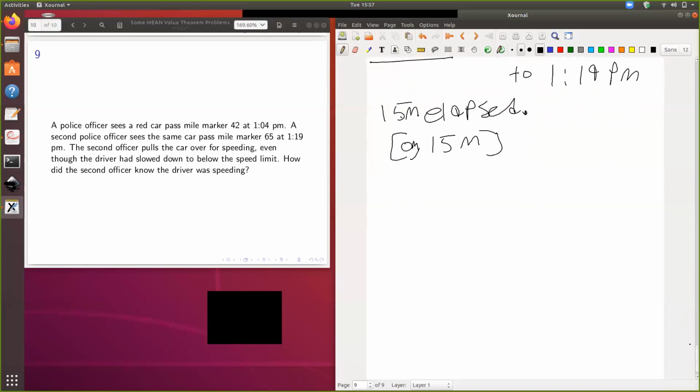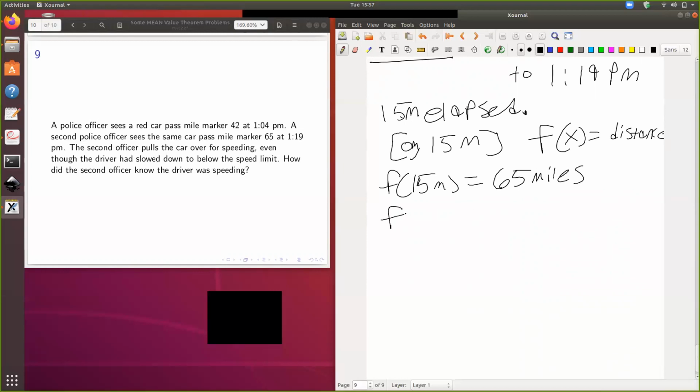And then we know that at these endpoints, our function f of x equals distance, that f of 15 minutes equals 65 miles, and f of 0 minutes equals 42 miles. This is better stated as mile marker. And then subtracting them is going to give us our distance.